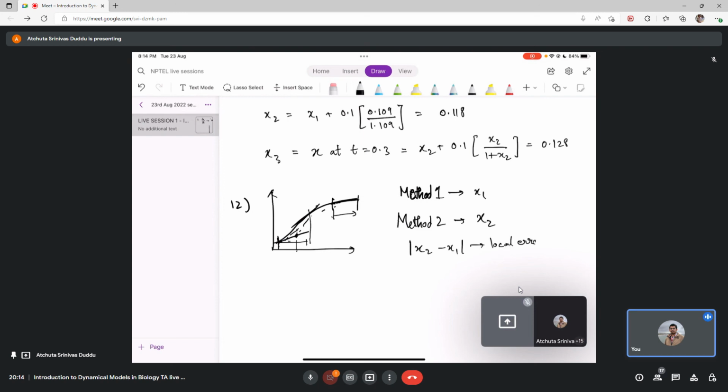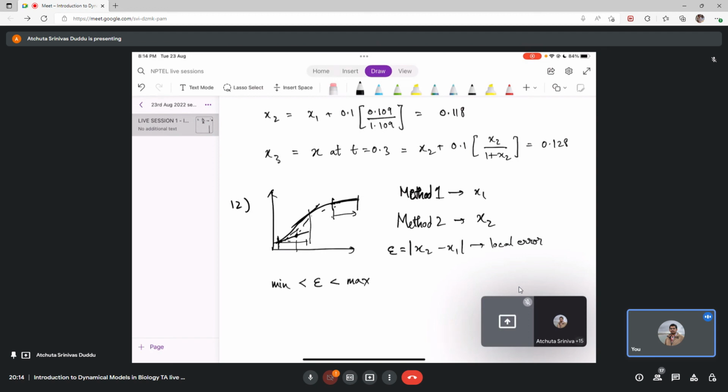So what you do in adaptive time step designs is that, this local error, let's say, is epsilon. You have some min and max. You say that if it is between these two, it's fine. That is the tolerance limit, which you have to define based on your use.